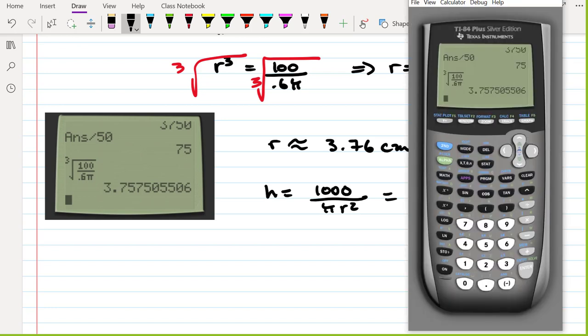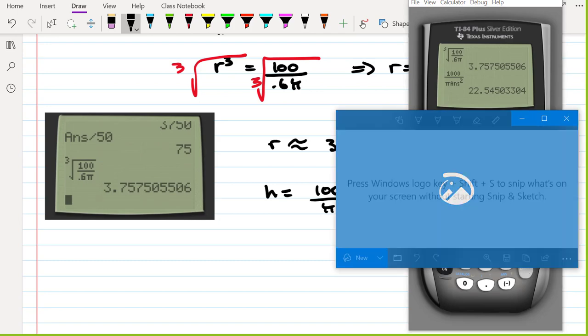So we can calculate that by just going alpha y equals, and we put in our 1,000 in the numerator, and then divided by pi times, and then we get our answer by going second and our negative key squared. That way we don't have to type it out or approximate, and we get this value.